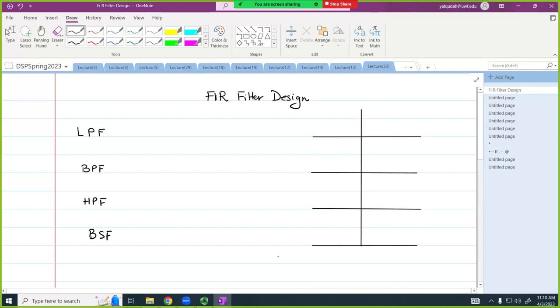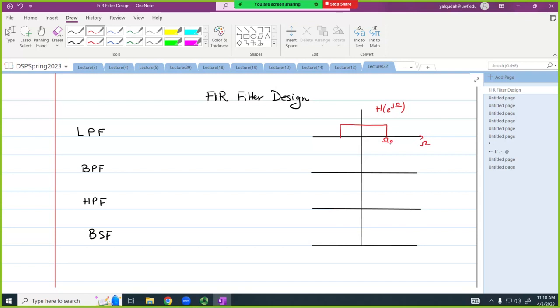Does not look very neat, but I'll use another color. Hopefully that will make it clear. If I have a low pass filter, then I have a frequency response that looks something like this. This is H of omega or H of e to the j omega. Low pass filter. We're going to call this omega 0, and this is our filter.